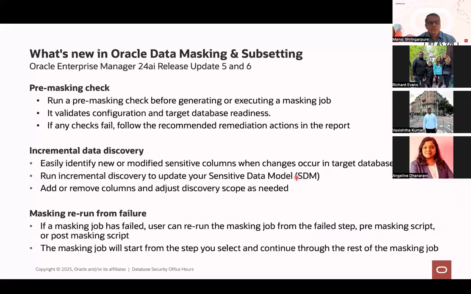So we have incremental data discovery, which helps you find what's changed and what the new columns are, and work on just those columns instead of rediscovering the entire metadata. We also had the capability that if a masking job failed, you could run it from that point in time. Now that's enhanced for pre-masking and post-masking scripts.